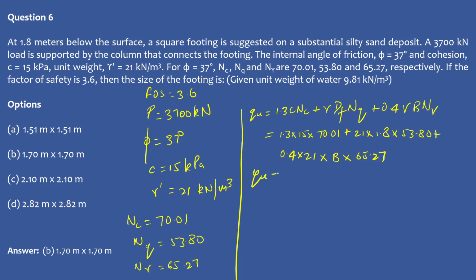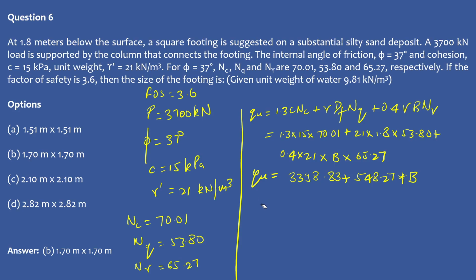So if you solve this, the value which you will get here is 3398.83 plus 548.27 into B.